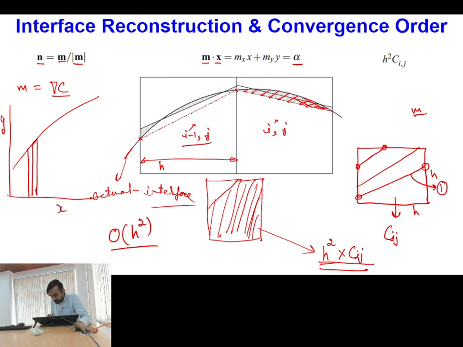So this shaded area is nothing but the area difference between the actual curve profile and the profile obtained using the trapezoidal rule of integration. But now consider the interface reconstruction using PLIC.